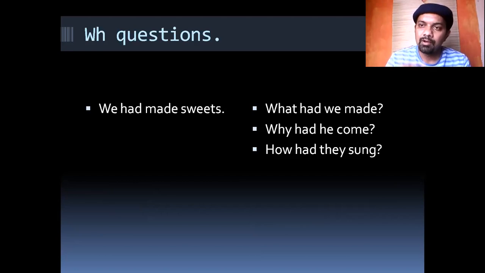For all that, make one positive sentence in past perfect, and make interrogative, negative, and WH questions, yes or no questions. Had he reached? Hadn't he reached? So you can make many sentences and practice in that particular way.